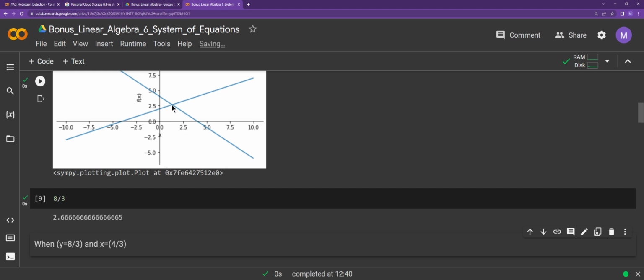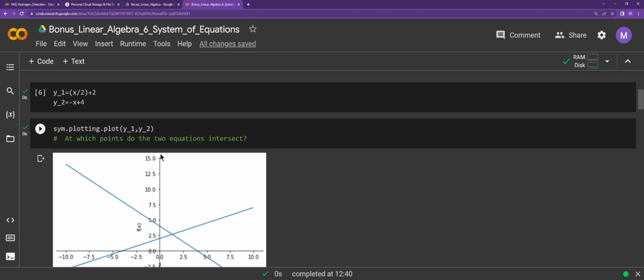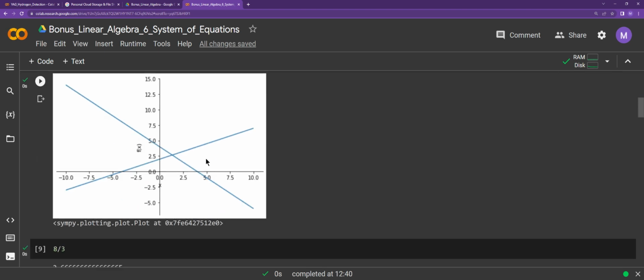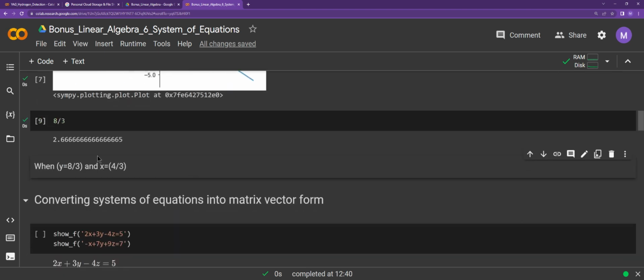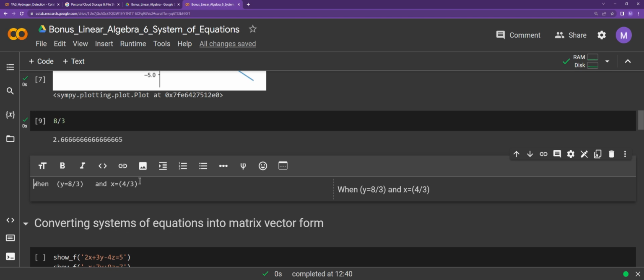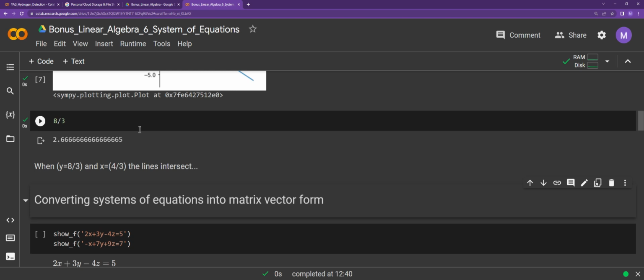So that's the intersect point between these two lines, which are associated with the two formulas. So I can set the lines intersect, the lines of course associated with the two functions.